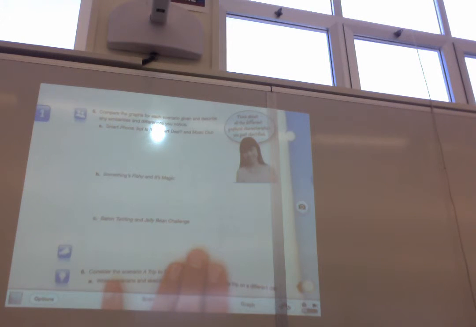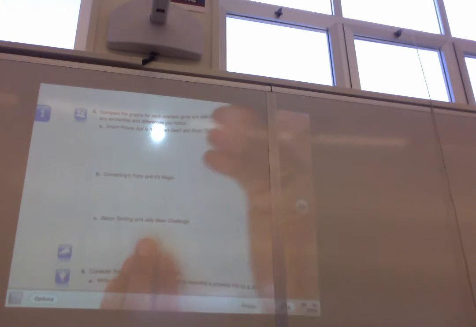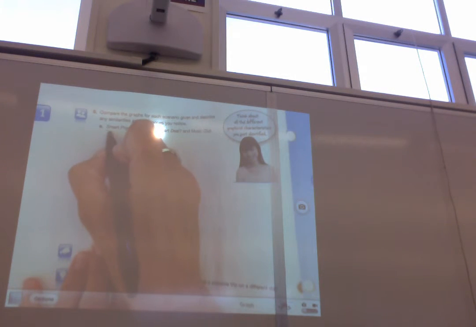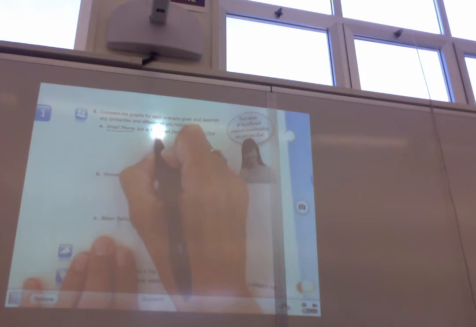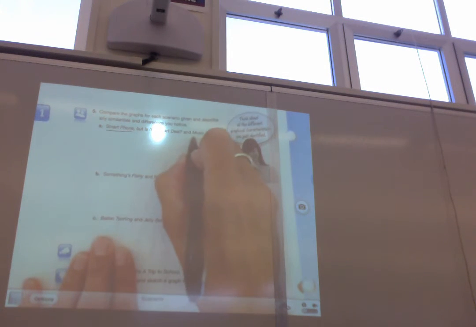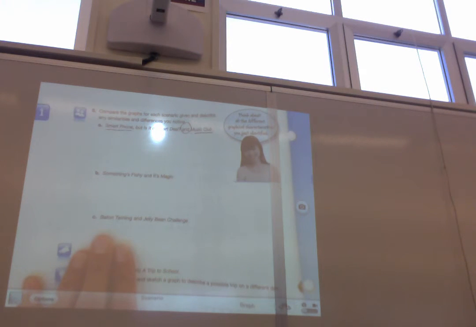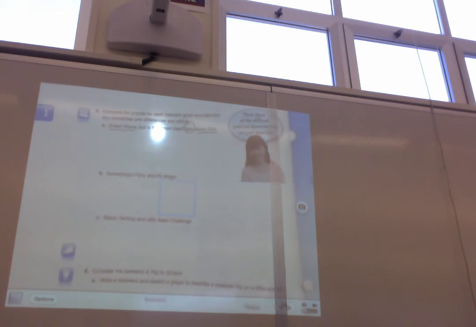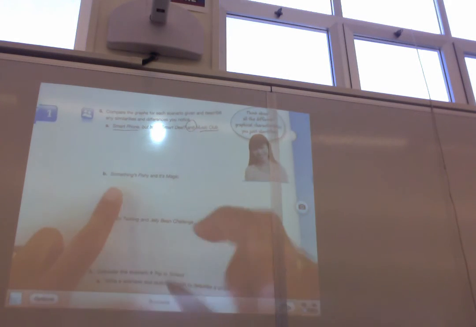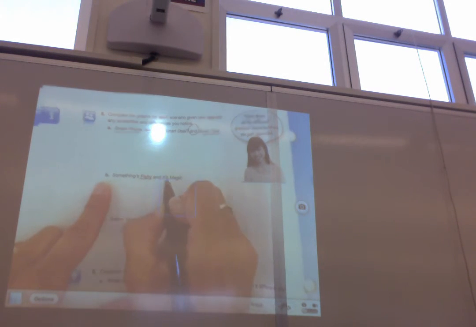Now, instead of looking at the groups as a whole, this time they're asking you to look at smartphone and music club. So they're asking you to compare two graphs out of the 8. Right here they want Something Fishy and It's Magic.